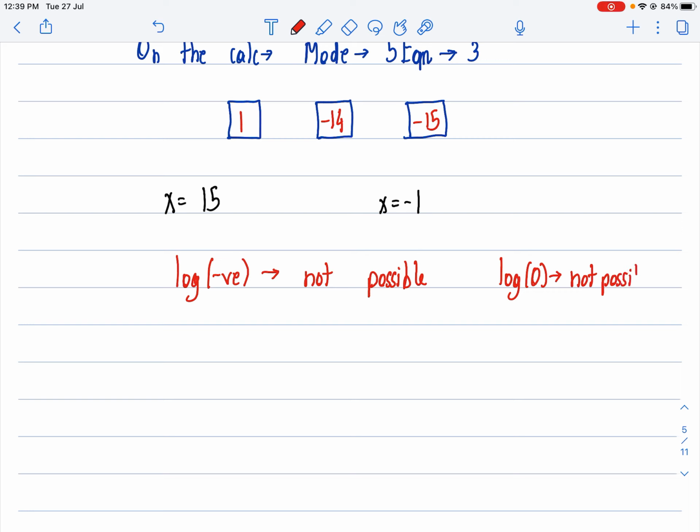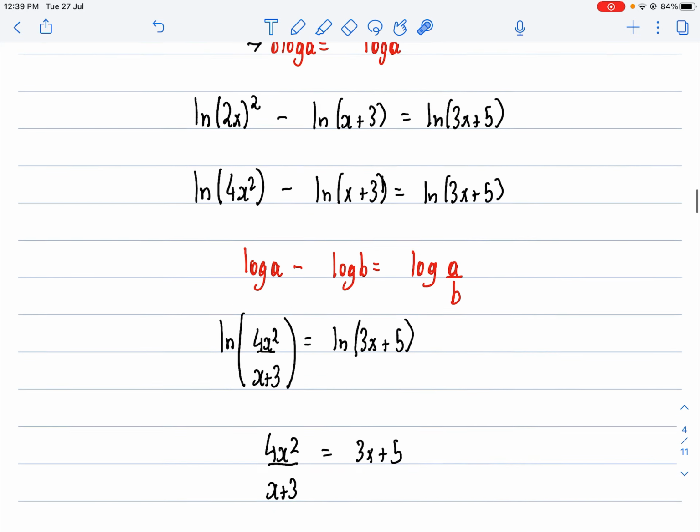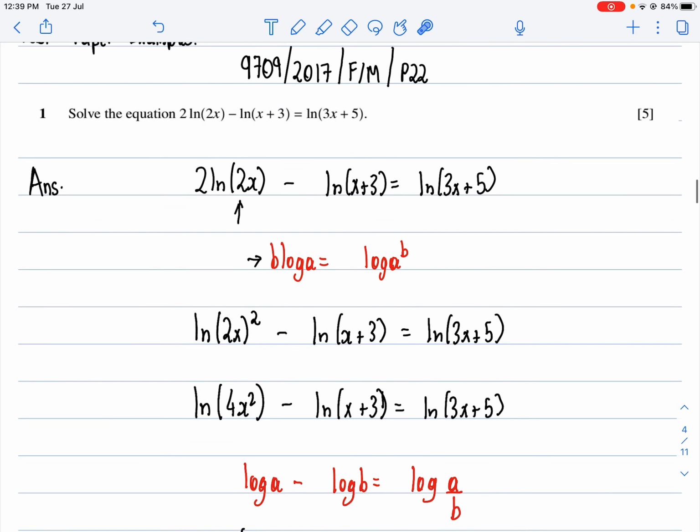So what you can do first is take the value of 15, which I have, and place it in the value of x. If you are getting ln of a negative value, that means you can't use 15. But if I put x as 15 here, I'll get 2 into 15, which is 30, which gives me a positive value.